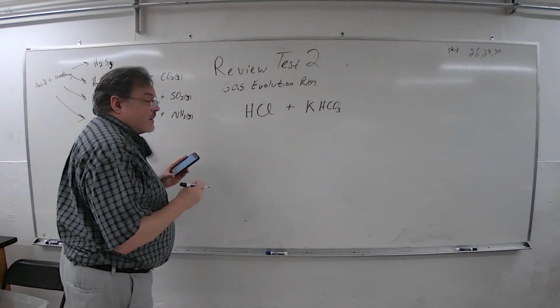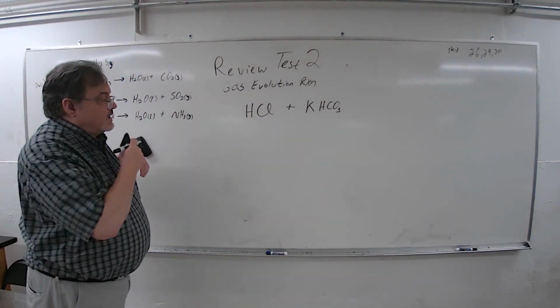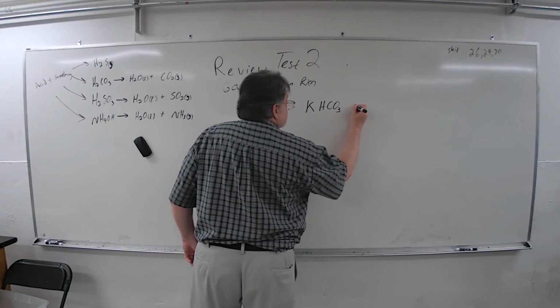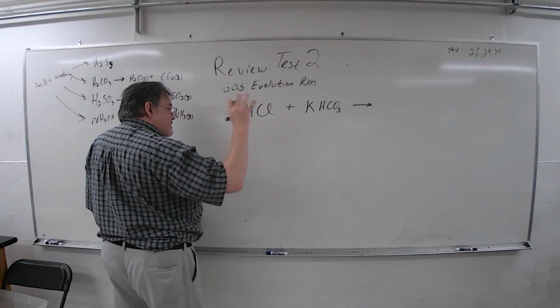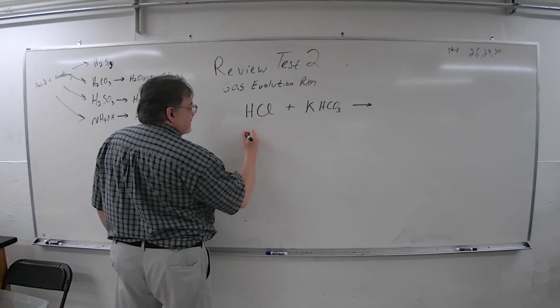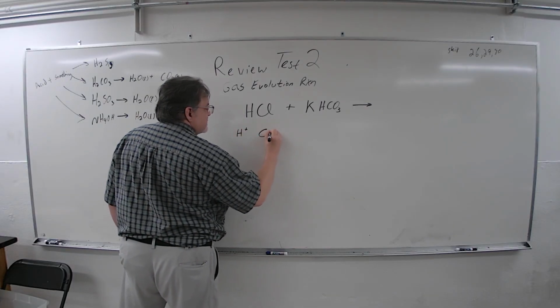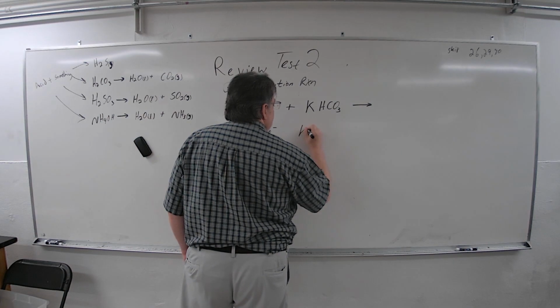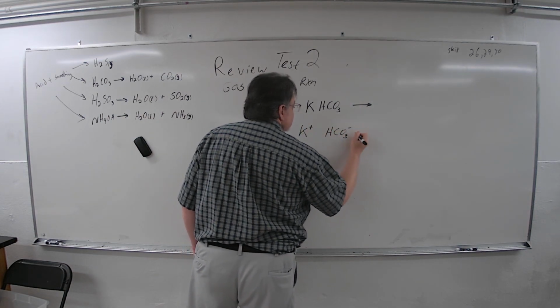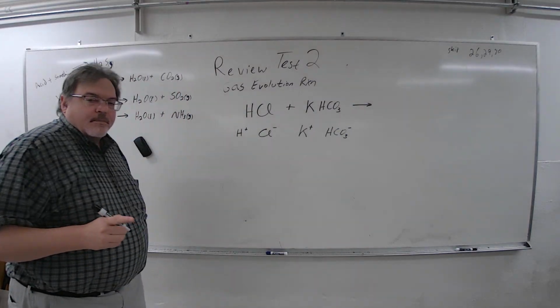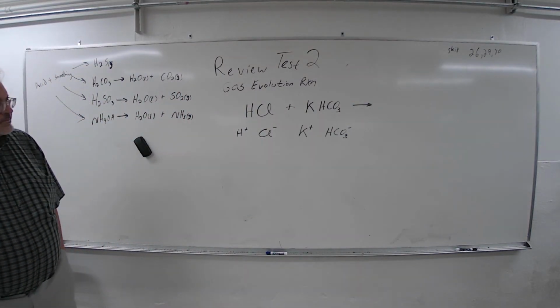I'm giving you the polyatomic ions chart again, but this is what you'd be given, and you're told to predict the products of the reaction. H plus, Cl minus, K plus, and HCO3 minus, which is in that polyatomic ions chart.